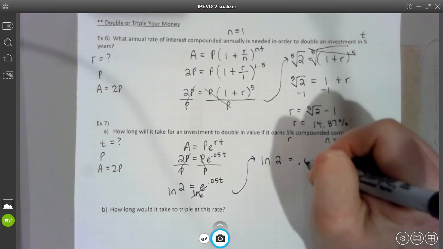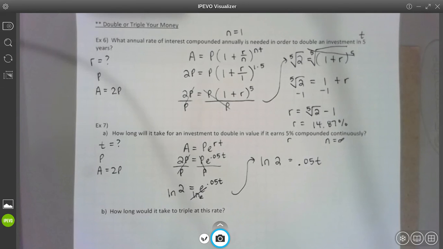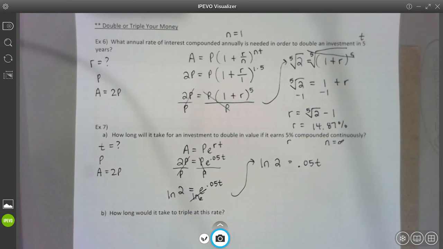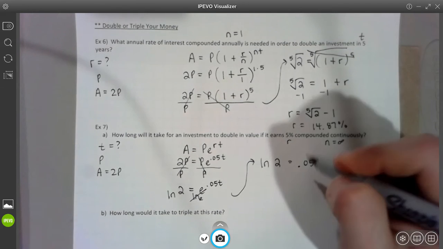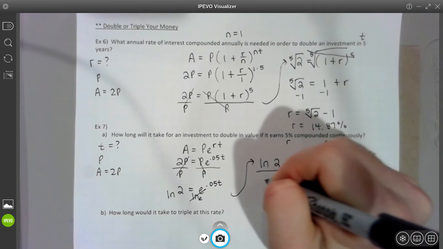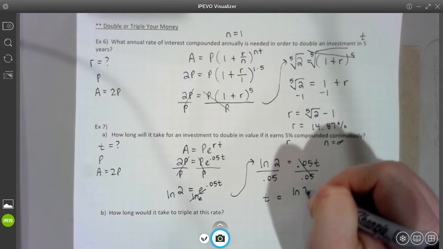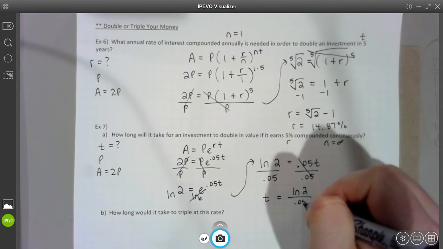And you're left with 0.05t. So now the only thing you have left to do to get t by itself is divide by 0.05. So my exact answer is the natural log of 2 divided by 0.05.